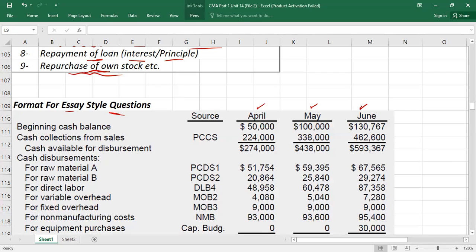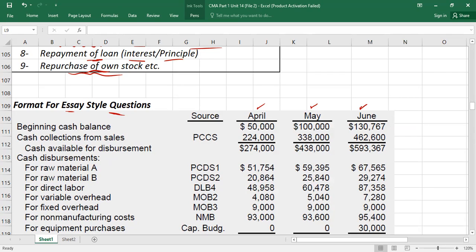Let's zoom in, and please remember in your essay style question, the examiner will give you data about the cash collection and about the cash disbursement and about the opening balance of the cash for a specific month. Based on that, you have to prepare the cash budget and work out the closing balance of the cash.